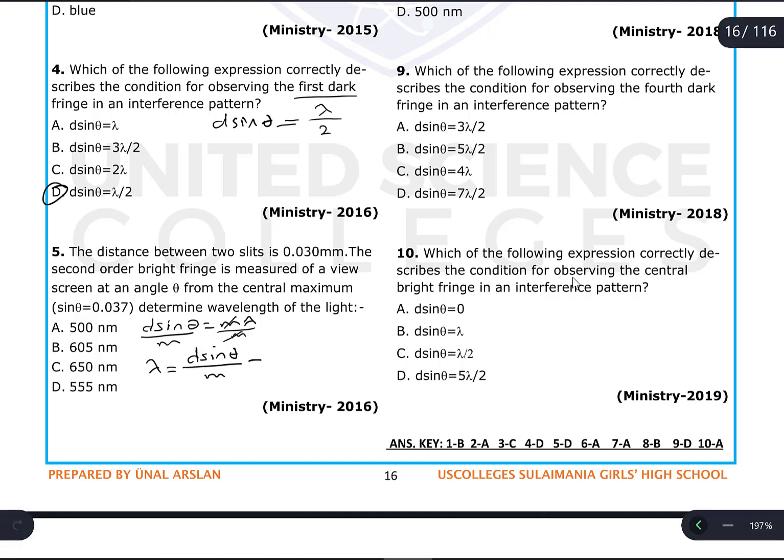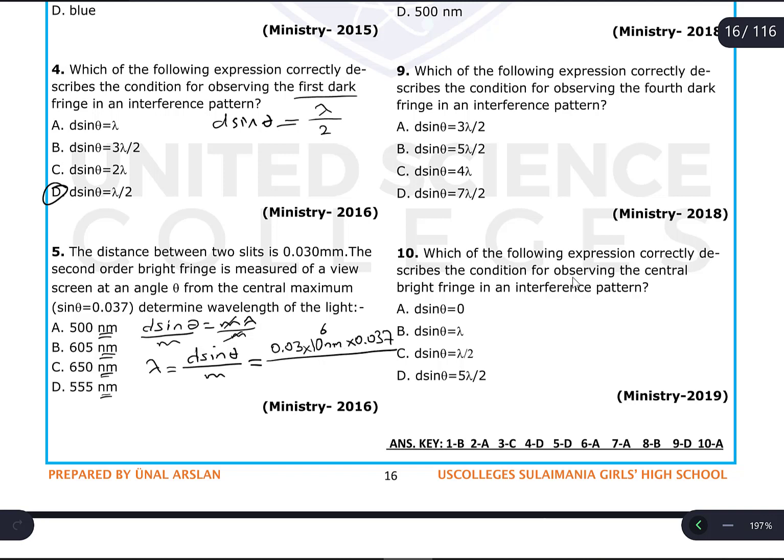d is given in millimeter, 0.03 millimeter, but we should get the answer in nanometer. From meter to nanometer, we multiply by 10 to the power of 9, but from millimeter to nanometer, we have to multiply by 10 to the power of 6. So 0.03 times 10 to the power of 6 nanometer is d. Sine theta is given as 0.037, divided by m.